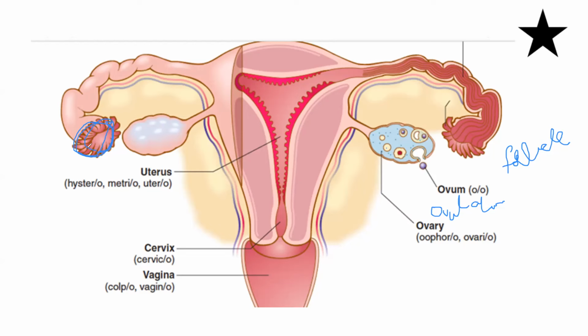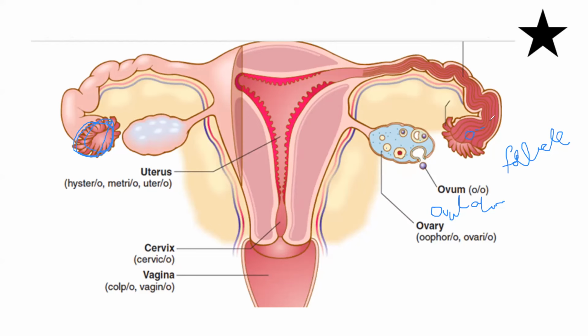In a living person, these are always moving. So when the ovum is released from the ovary, it will be attracted by these fimbriae, and it will enter the tube over here.